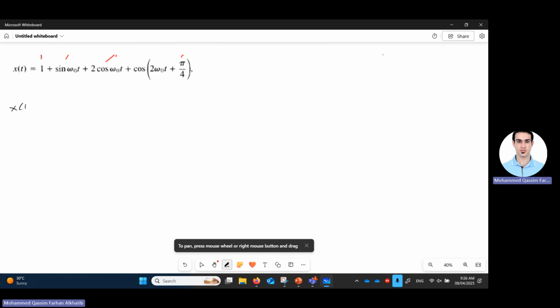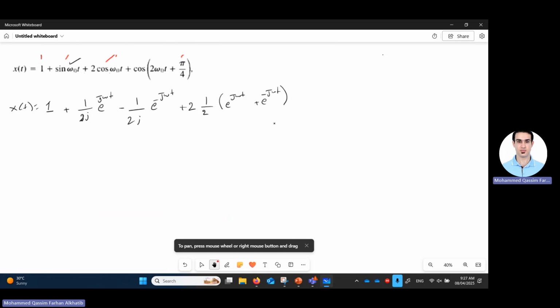So x of t equals 1, which is just a constant, so I'll keep it. Plus sine omega naught t, it is 1 over 2j e to the power j omega t minus 1 over 2j e to the power -j omega t. We've done it previously in the previous example. So that's the sine. Cosine. I know the cosine is going to be plus 1 over 2 times e to the power j omega t plus e to the power -j omega t.